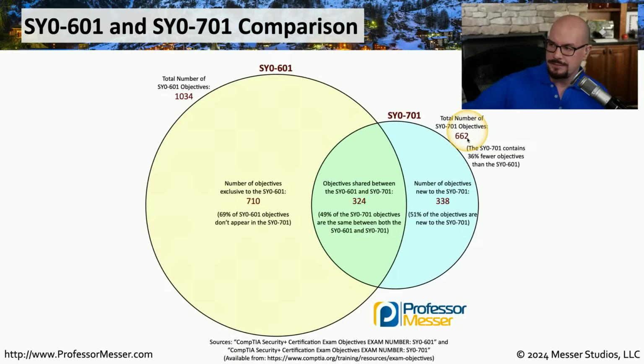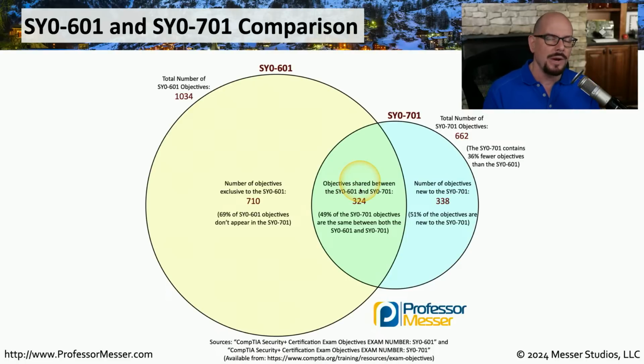The number of objectives that you will only find on the 601 are 710. The only objectives that are exclusive to the 701 are 338, which means there are 324 objectives that are shared between those 2. Now, this is how I count the objectives. You may go through the objectives and get slightly different numbers, but they're going to come out to be pretty close to this, I would expect.